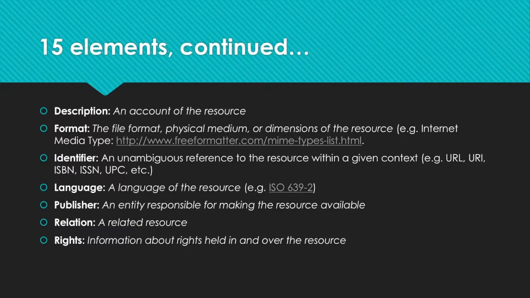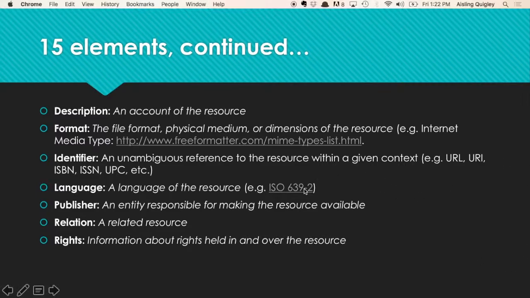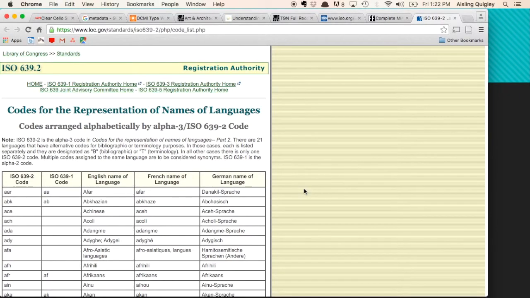If you want to state the language of a resource, I've given the example of ISO 639-2, which provides codes for the representation of names of languages. So you can see that the code that you would use is in the far left column. If you're for some reason using ISO code 639-1, you can see the naming conventions in that column.